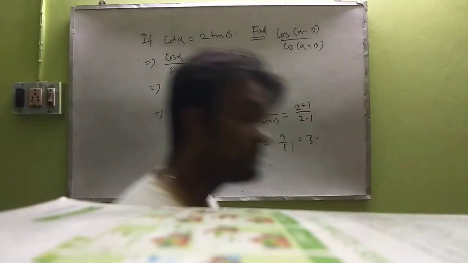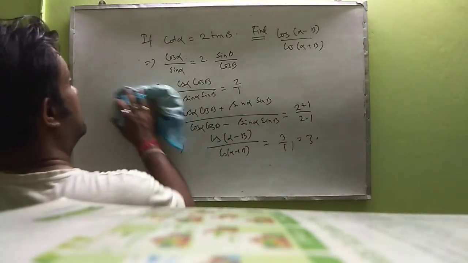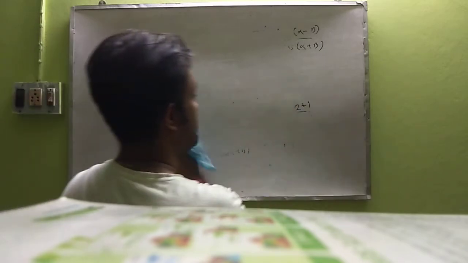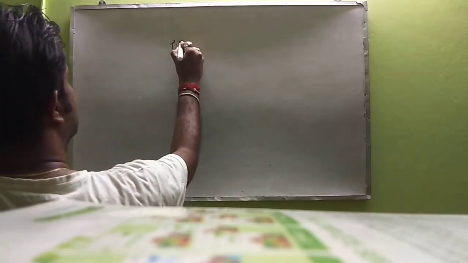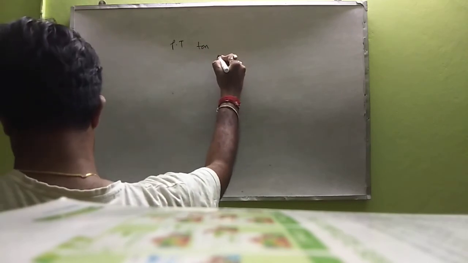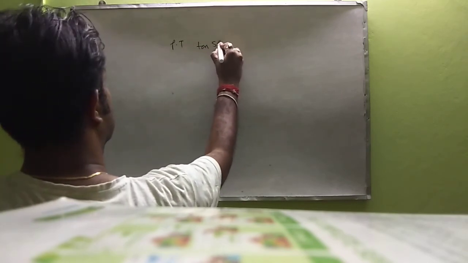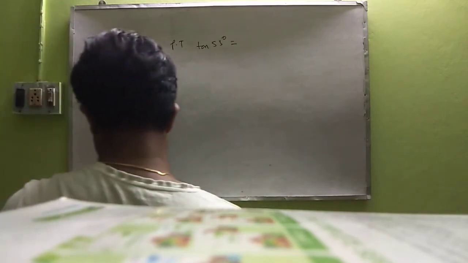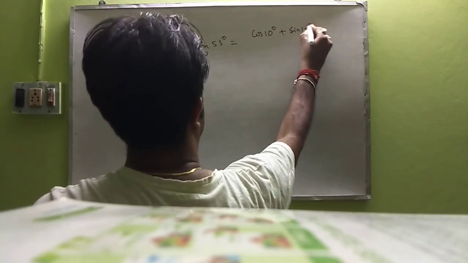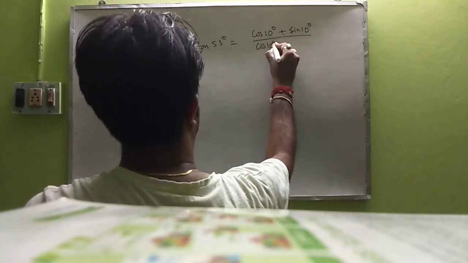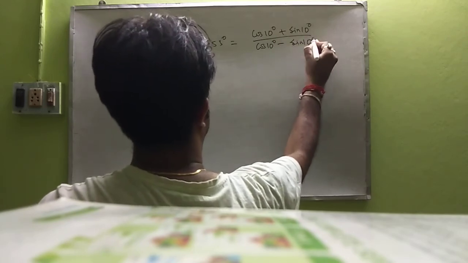Now some homework I provide for your better performance. The homework is: prove that tan of 55 degrees is equal to cos 10 plus sin 10 by cos 10 minus sin 10.